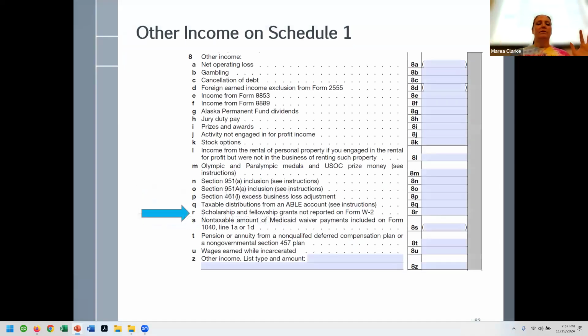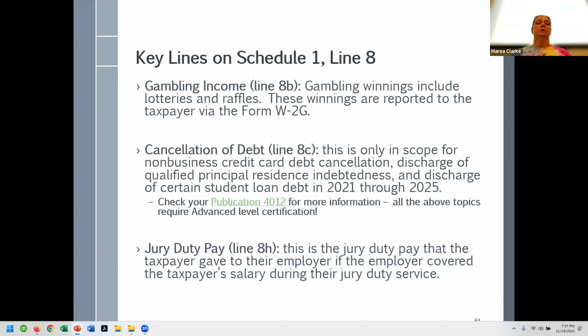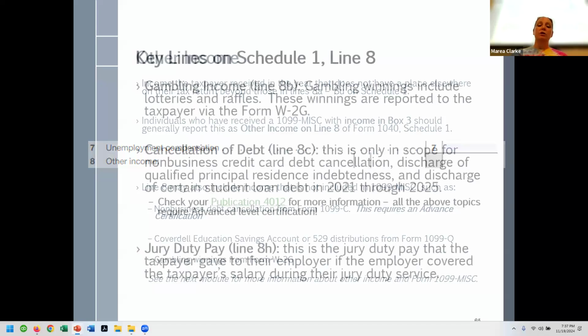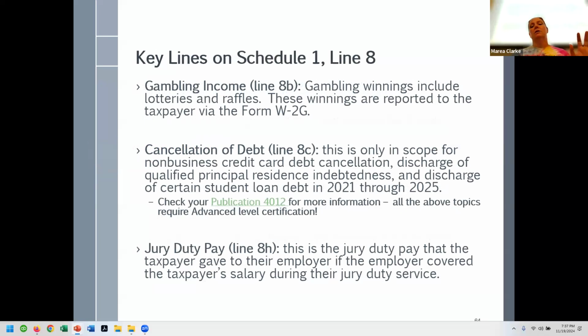All right, this is the list of other income. Line 8R is the one that we're going to see: scholarships and fellowship grants not reported on a W-2. Theoretically, there could be other things: gambling income, jury duty, cancellation of debt. Not common. If we ever do have anything like that, again, there's a form for that. Clients should be entering that form information in there.